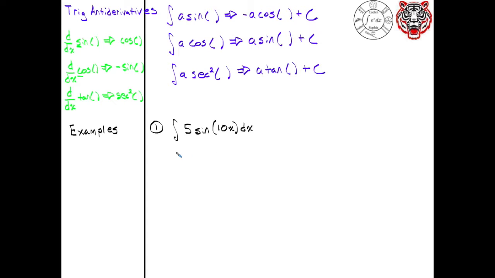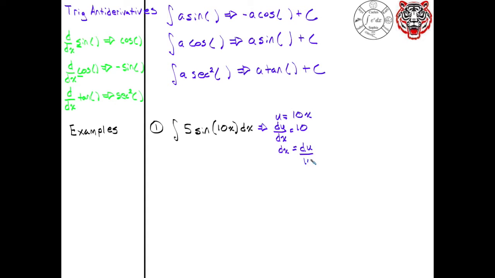Let's go ahead and find u. U is going to equal 10x. That means du with respect to dx is going to equal 10, and therefore we can find the dx that we need to get rid of. This dx is going to equal du divided by 10.